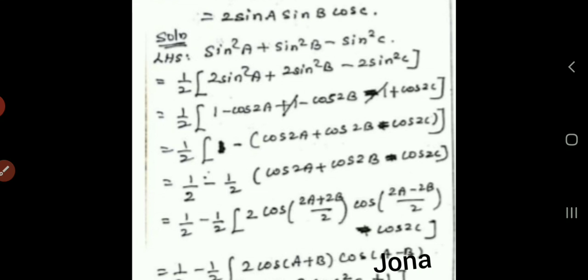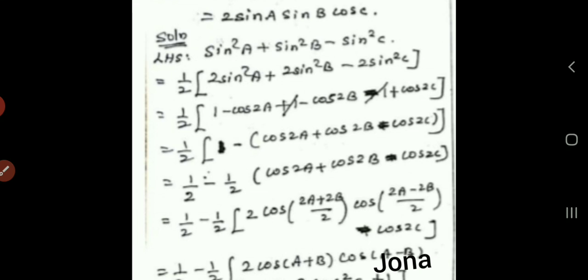So now that the half is there, and then 2 sin square a can be written as 1 minus cos 2a. 2 sin square b can be written as 1 minus cos 2b, and minus 2 sin square c can be written as 1 minus cos 2c. So multiply with the minus symbol to the last bracket, we will get minus 1 plus cos 2c.